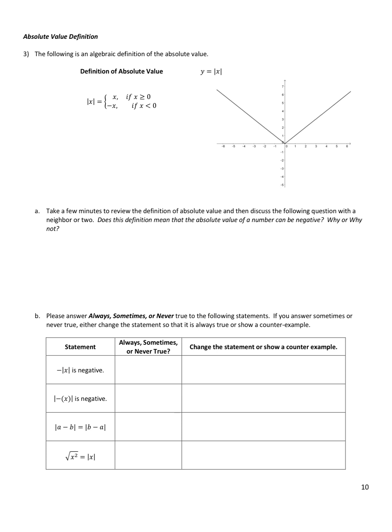Okay, our next topic is absolute value. The following is an algebraic definition of the absolute value. So the absolute value of x, it says that it's equal to x when x is positive. Like if x is bigger than or equal to 0, the absolute value of x is just itself. And then it says the absolute value of x is negative x if x is already negative.